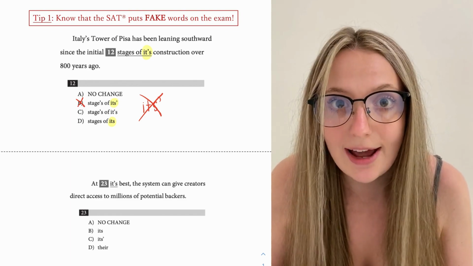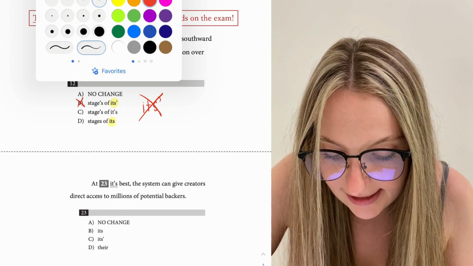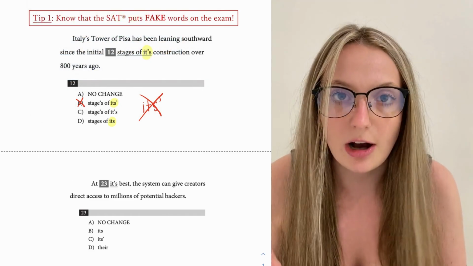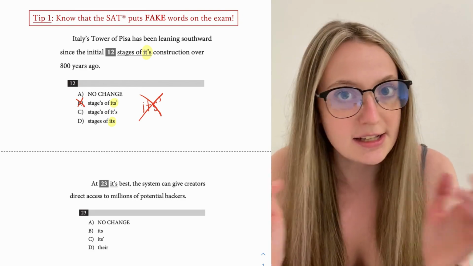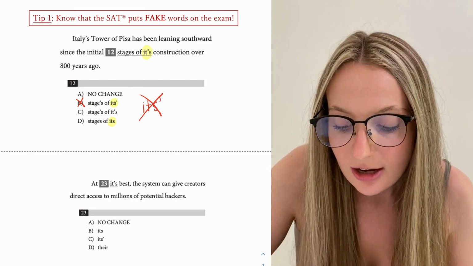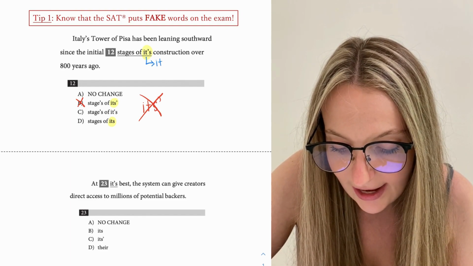All right, let's go ahead and finish this problem while we're at it. What we need to know for IT'S is that this is what we call a contraction. A contraction is basically 2 words taken and smushed together into one. So IT'S breaks down into it is.